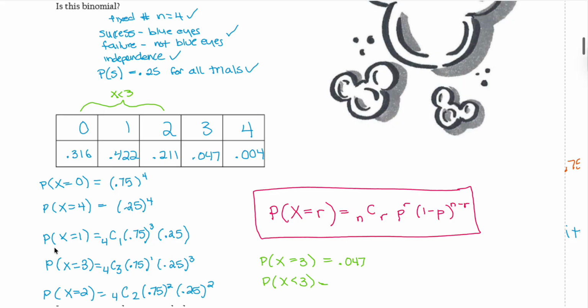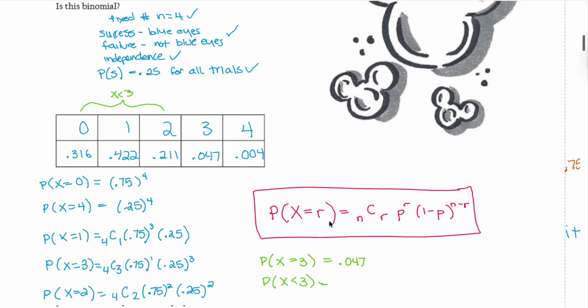And what is the probability of only 1 child having blue eyes? Well, that needs some formulas. This is the formula that we're using for binomial distribution. Just remember this. Whenever we want to find the probability of x equal to r, then we're using nCr, which you can type into your calculator, times p to the r, times 1 minus p to the n minus r. This p right here is the probability of success.